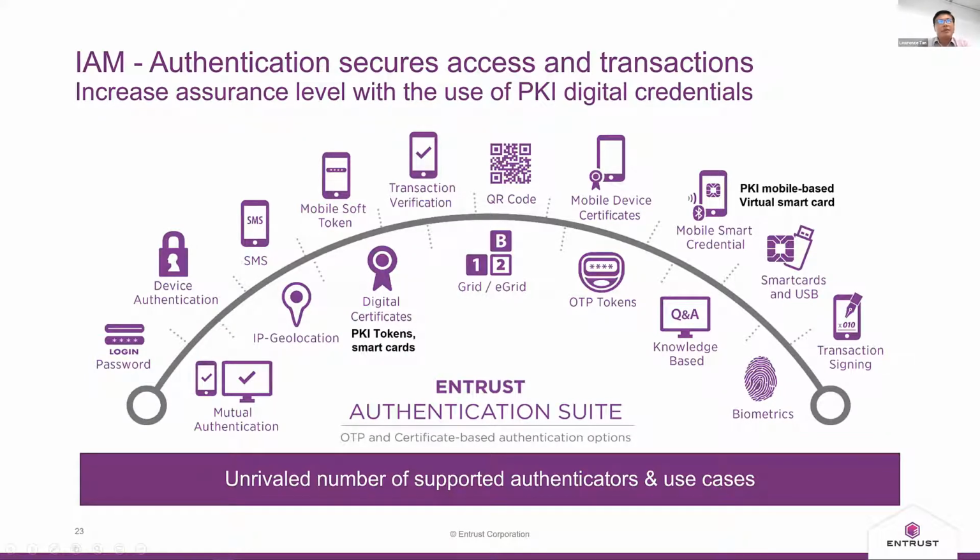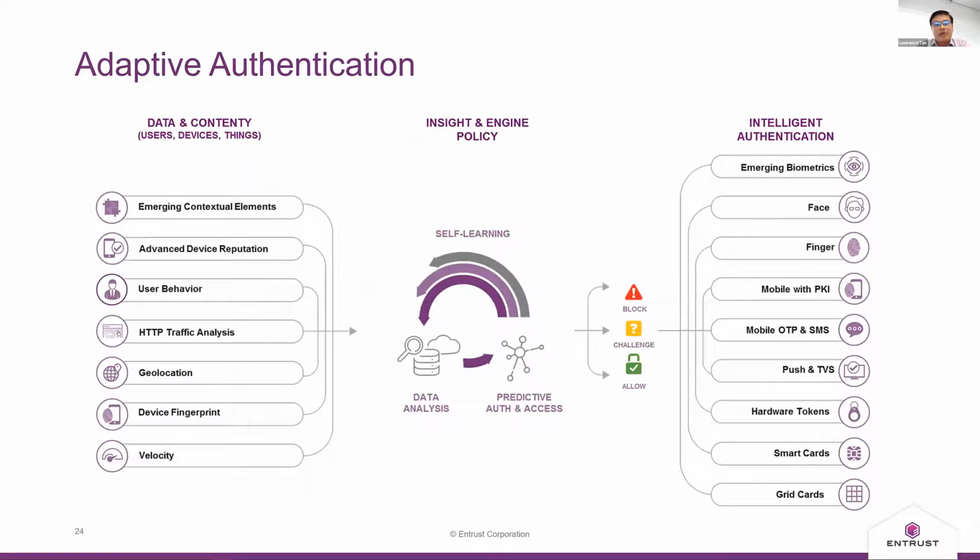Another aspect is adaptive authentication, because continuous authentication is very important to make sure that the user is always tracked and the user's information is kept updated. There is a part of data analytics based on different factors and data captured from the user's device or the way the user behaves.